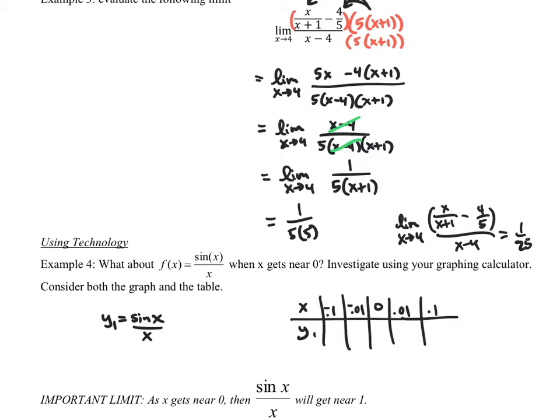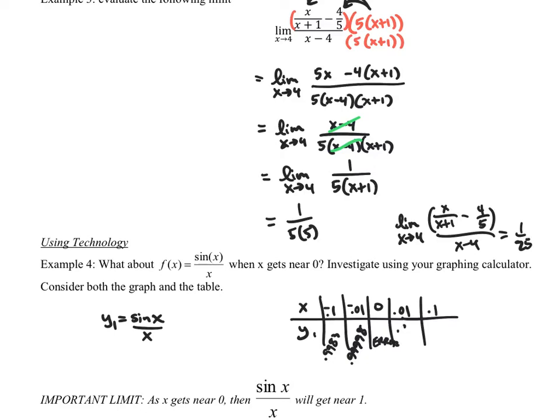Okay, so I decided that I should probably model good behavior. What I did was I looked at y of negative 0.1, which was 0.9983, and then 0.01, which was 0.99998. And then we get an error at 0.